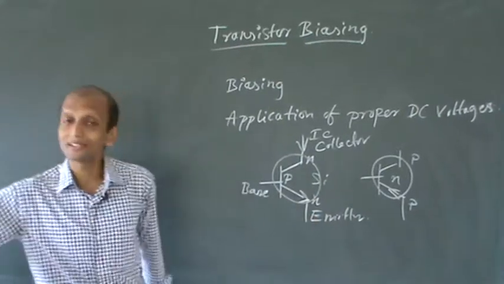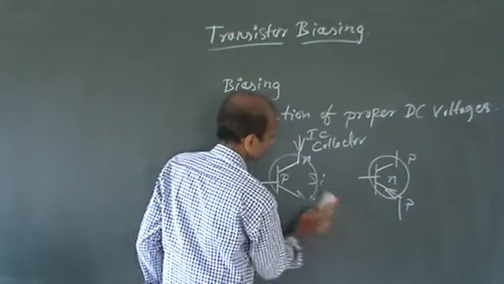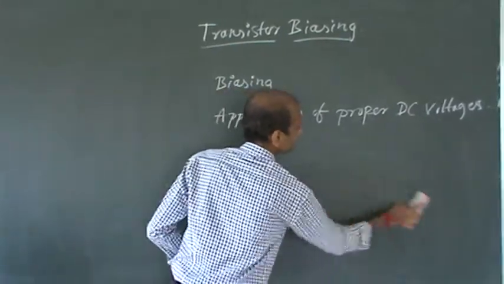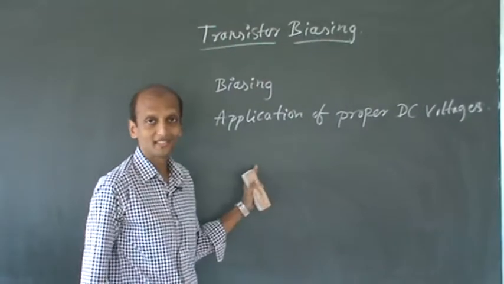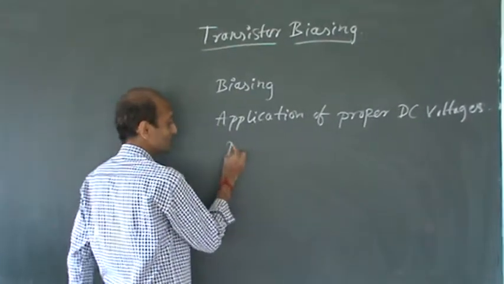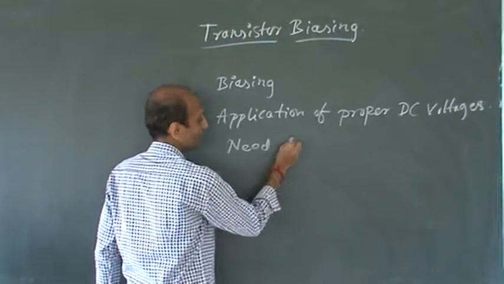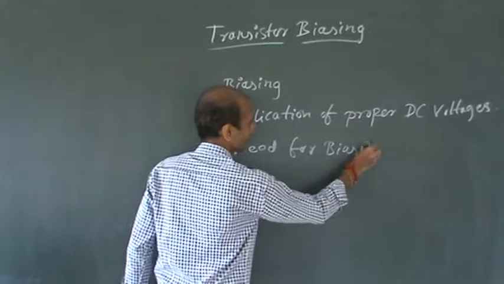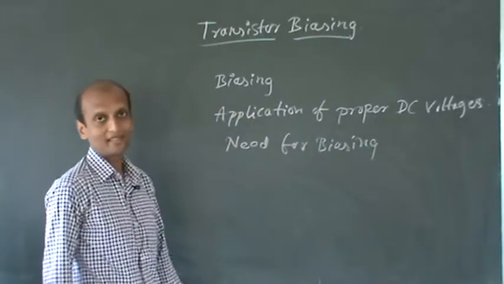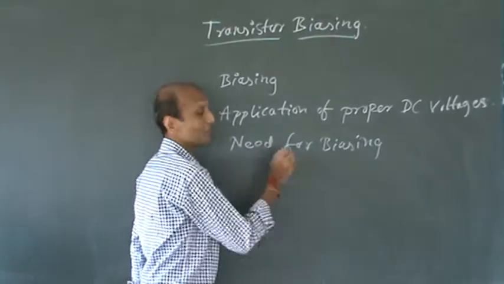So we need two bias voltages. Now the next thing is the need for biasing. What is the need for biasing in transistor biasing?